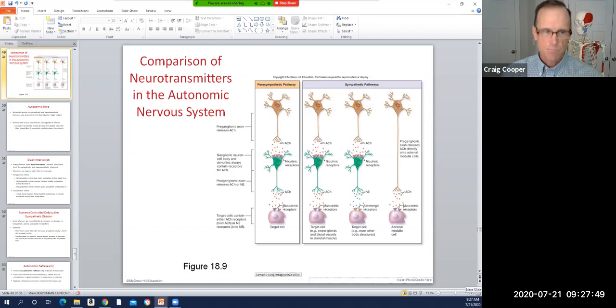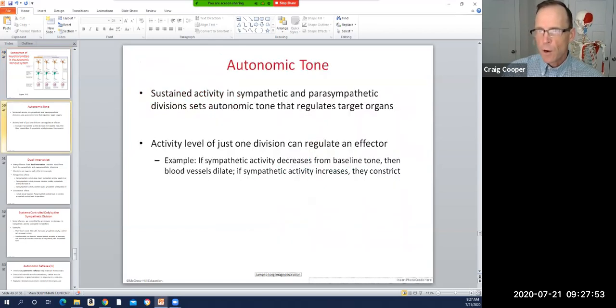Parasympathetic is a lot more consistent and easier to think about. All right, so again, these two systems balance each other out. They complement each other. They cause very much opposite effects in most of the organs that they're going to influence. And just like a resting muscle tone, there's always a balance.